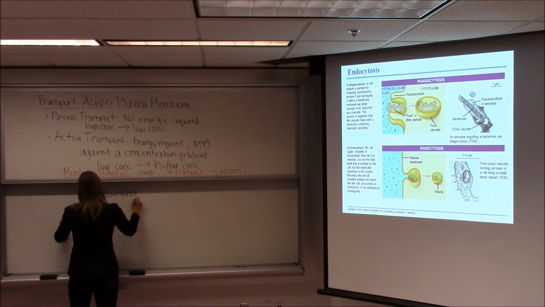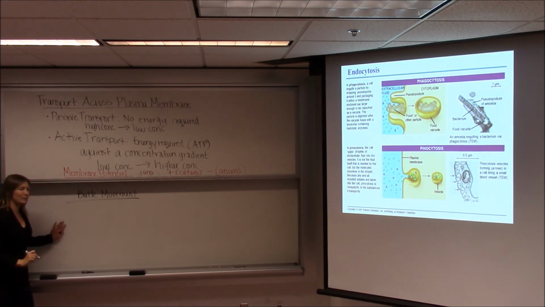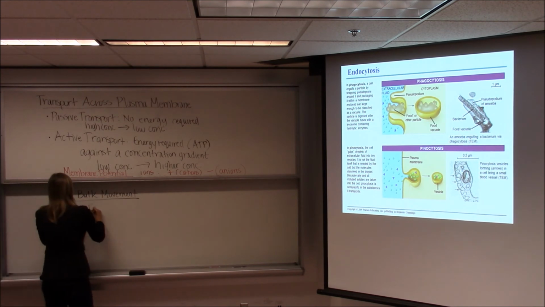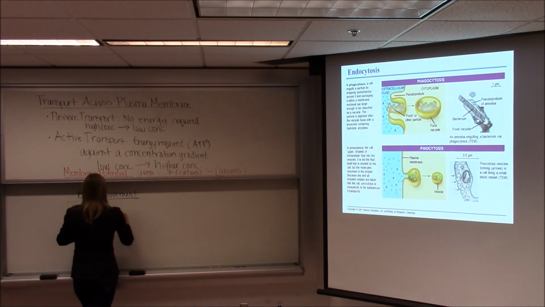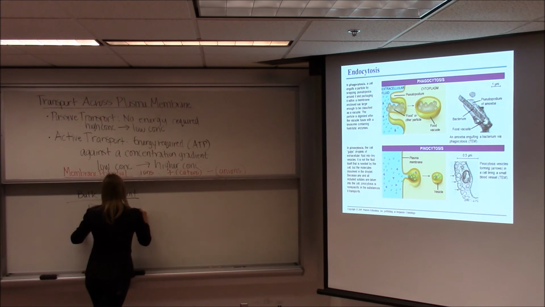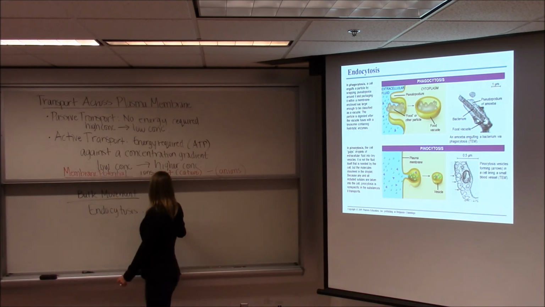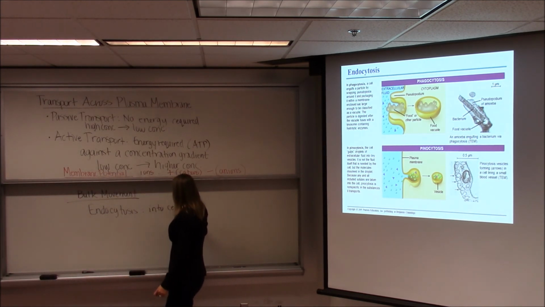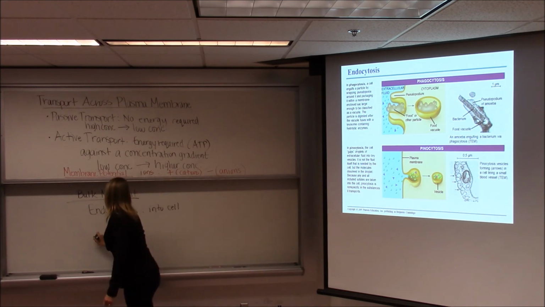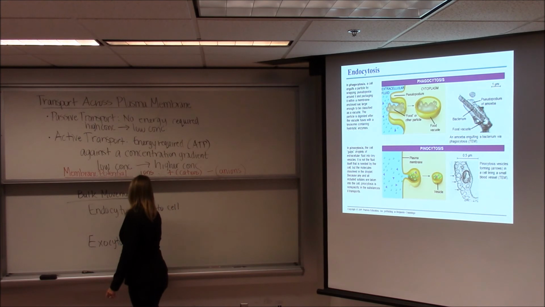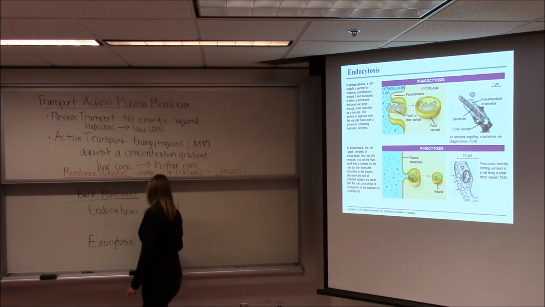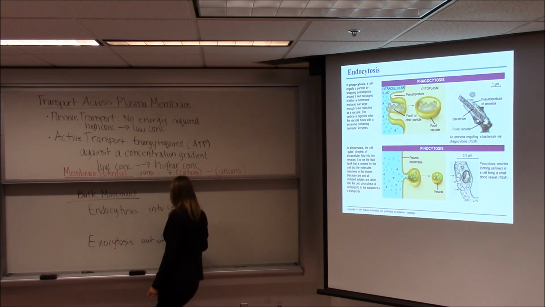We're talking about things that are much bigger than O2 and CO2. Endocytosis is going to be how we move bulk materials into the cell. So endo, into the cell. And exocytosis is going to be how we move bigger materials out of the cell. Exo, exit.